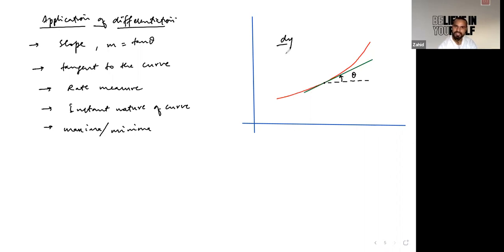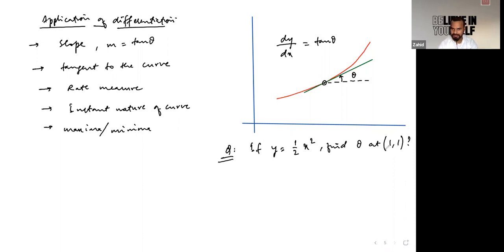So dy/dx means differentiation of y with respect to x. It will give you nothing but tan theta for this particular curve at this given instant. There will be a problem like, if you have y equals 1 over 2x squared, then they will ask you to find theta at the coordinate (1, 1).